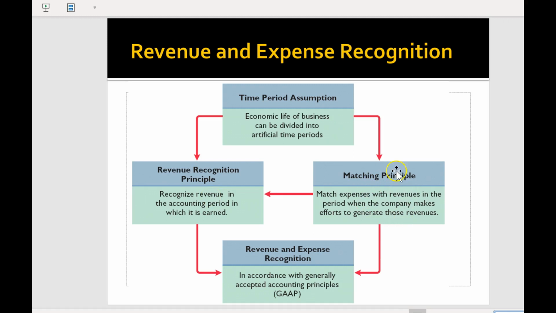So if you're using up some of the resources to generate revenue, then it becomes expense. If you never use it, it never becomes expense. So revenue and expense recognition is the matching principle according to GAAP, the generally accepted accounting principles. You will see that a lot if you are an accounting student.